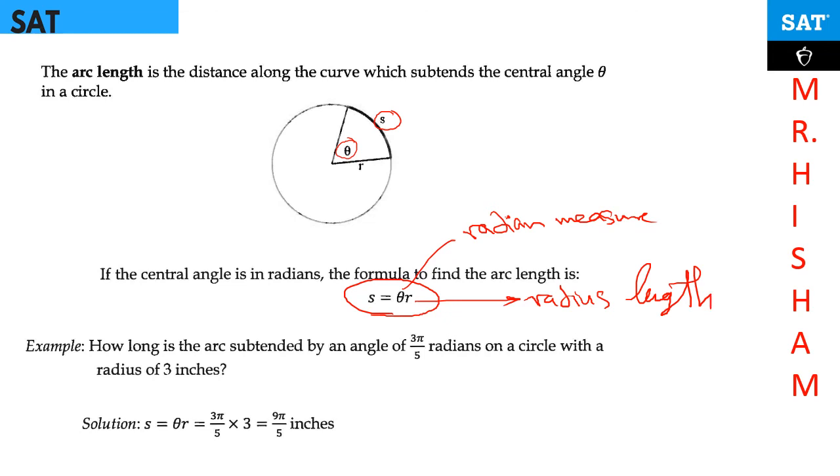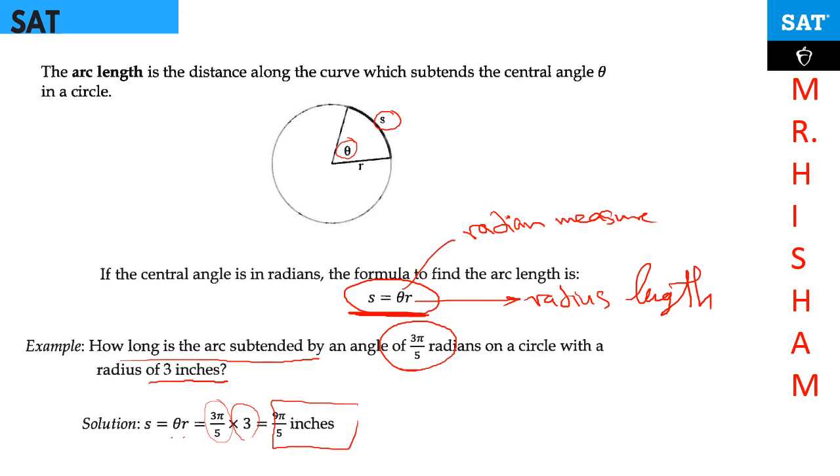So when I'm using this rule, theta in radian multiplied by r, I must have the angle given in radian. For example, if I have an inscribed central angle 3 pi over 5, and a radius length 3, what is the length of the arc? It's going to be theta in radian multiplied by r, 3 pi over 5 multiplied by 3, which is 9 pi over 5.